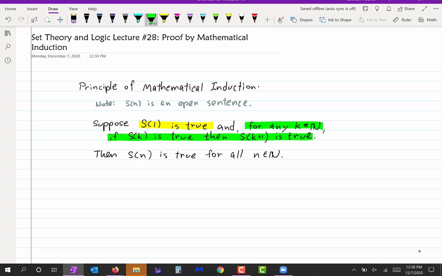So because of that, and because of the fact that S of 1 is true, S of 2 must also be true. And then because S of 2 is true, S of 3 must be true. And that causes S of 4 to be true, and that causes S of 5 to be true, and so on and so on. And so then S of n is going to be true for all natural numbers n.